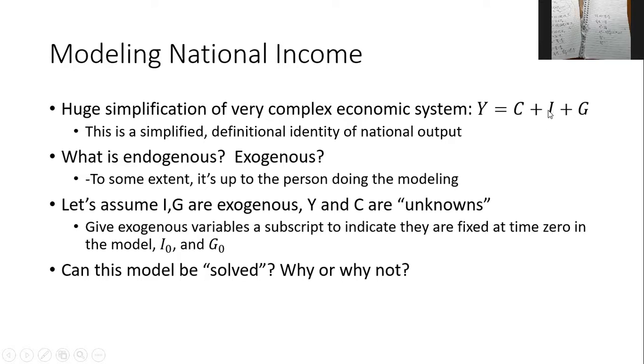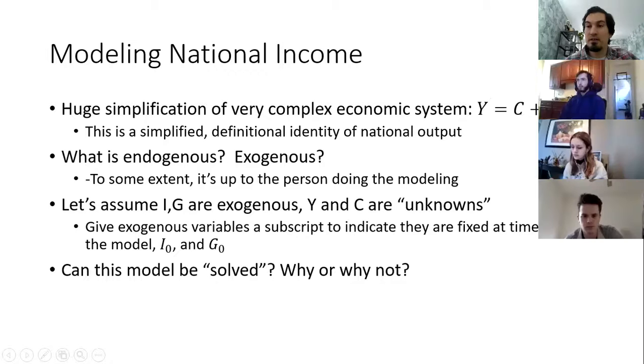Here investment doesn't mean dollars you put in your bank. It means the type of investment a business might do to try to grow, buying things to invest in its business. And G is government spending. So this is really just an equation, Y equals C plus I plus G, that talks about all the ways that our economy produces output.